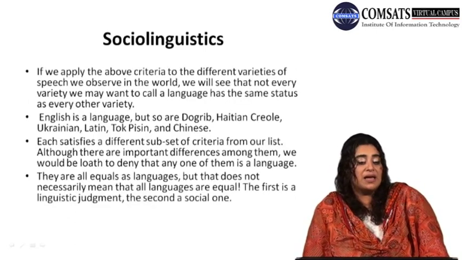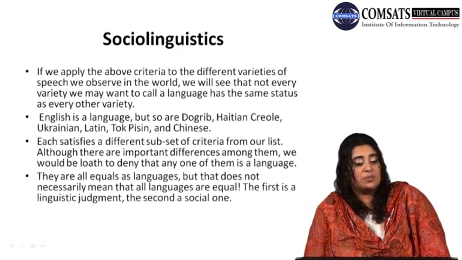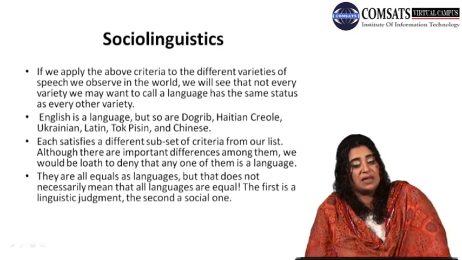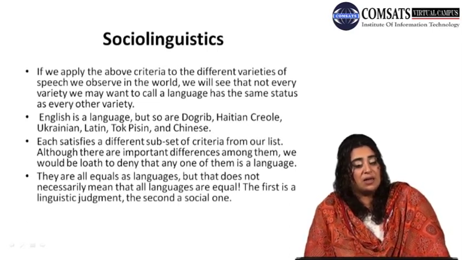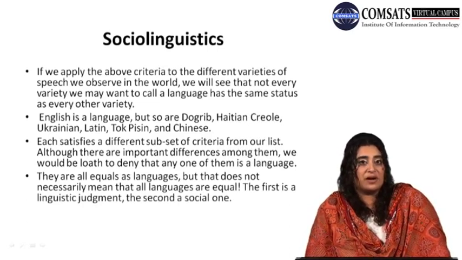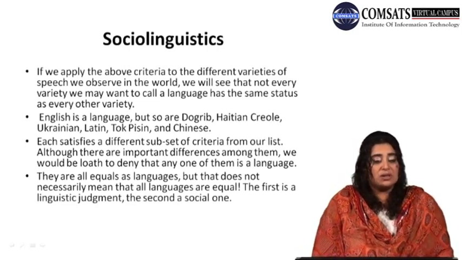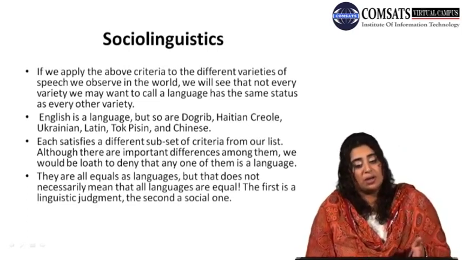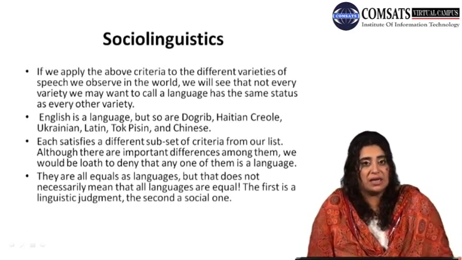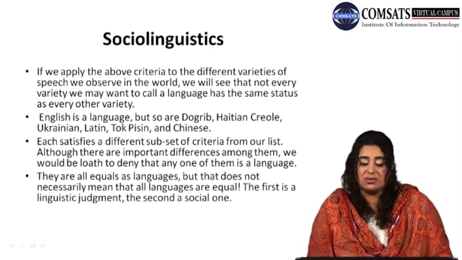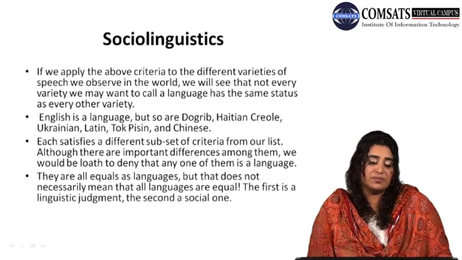So if we apply the above criteria to the different varieties of speech we observe in the world, we will see that not every variety we may want to call a language has the same status as every other variety. English is a language, but so are Dogrib, Haitian Creole, Ukrainian, Latin, Tok Pisin, and Chinese.